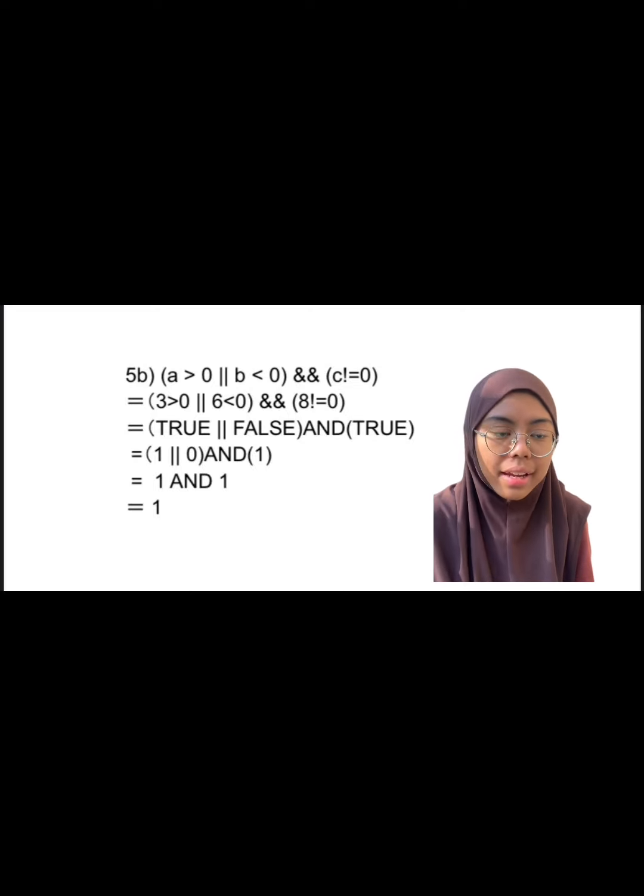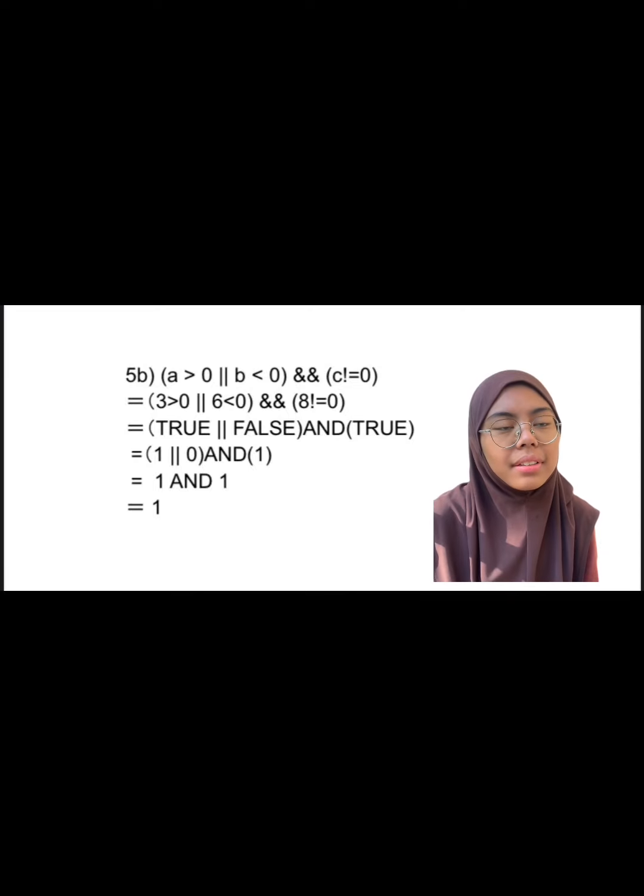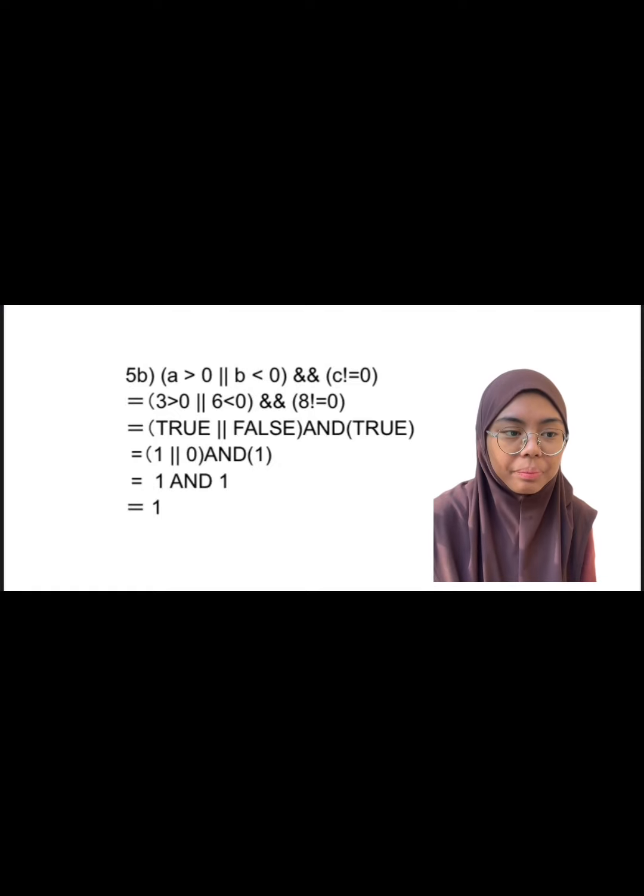And means returns true if both of the operands are true. And 8 is not equal to 0. So the answer is true. So we got true, or false, and true.